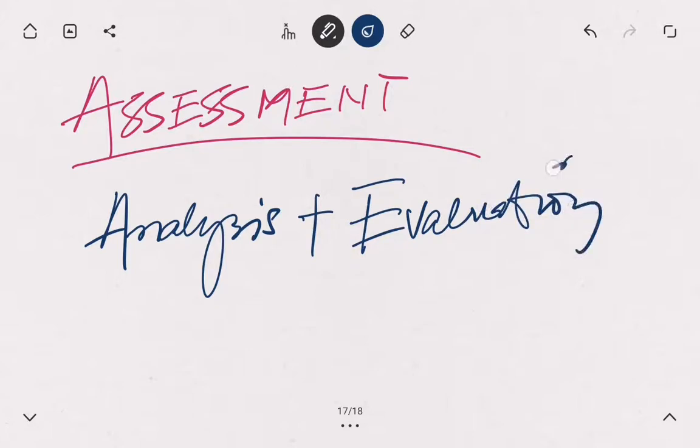When we complete these two steps, at that point of time we will say, okay, we have done the assessment and we can take the decision now, whether the magnitude of the hazard is acceptable to us, acceptable to the legal bodies or not. And based on that, we apply controls.